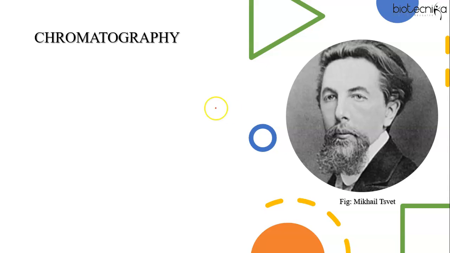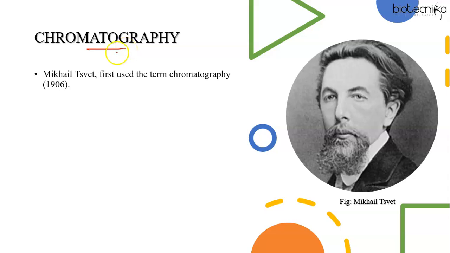The term chromatography originated from the Greek words chroma, which means color, and graphein, which means to write, highlighting its initial use in separating colored compounds. Michael Tswett was the first to use chromatography.